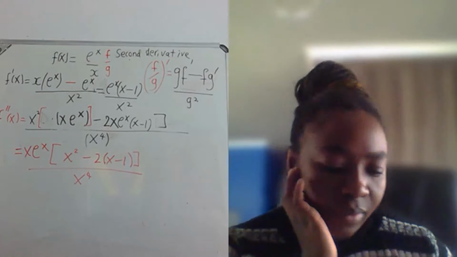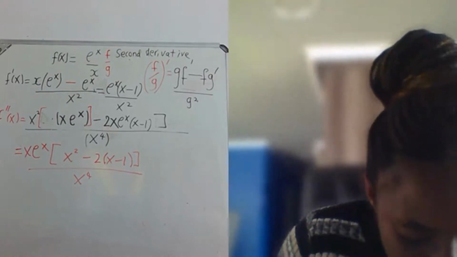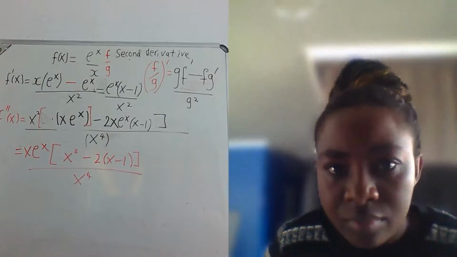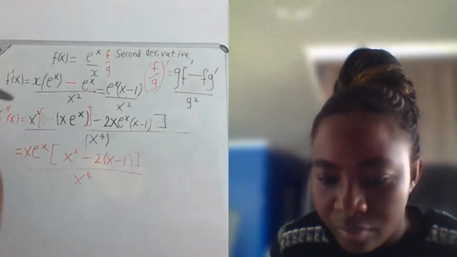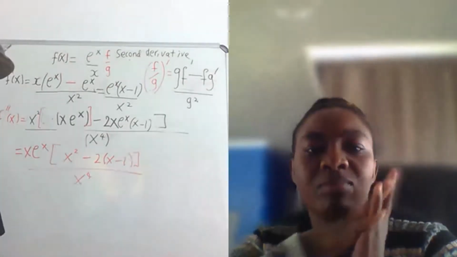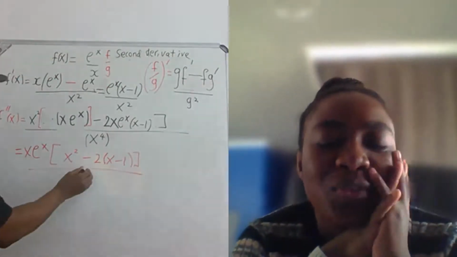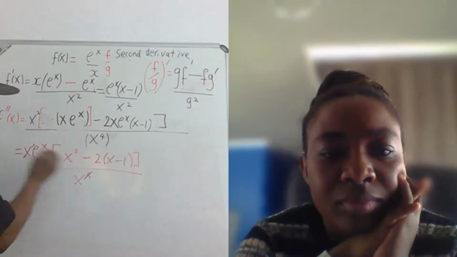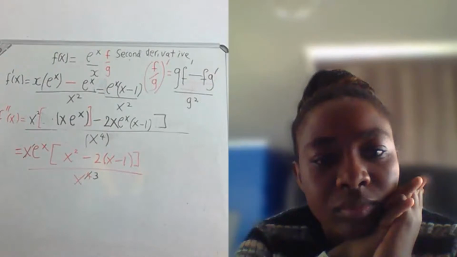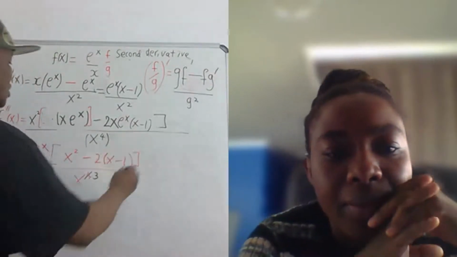1x and 1x go, so this is going to be x cubed.